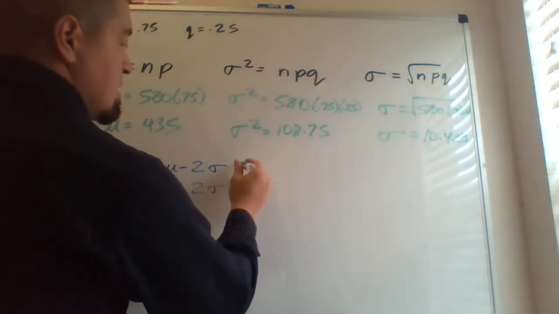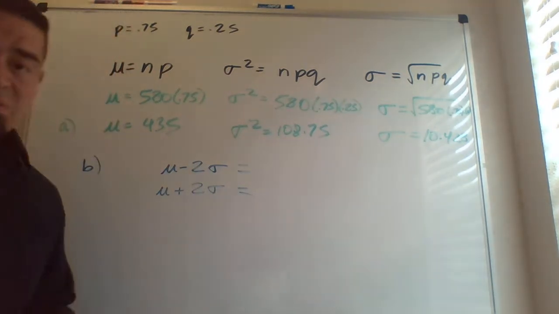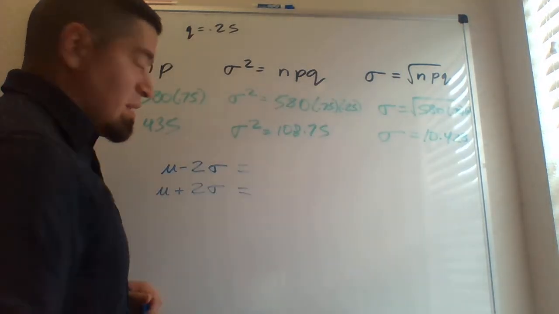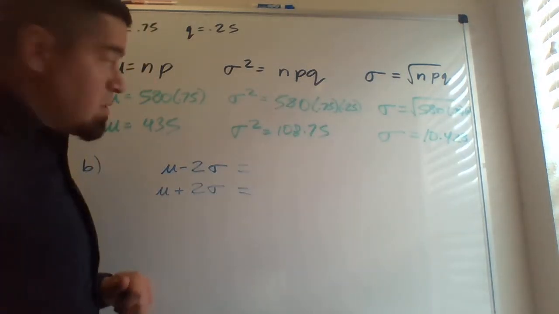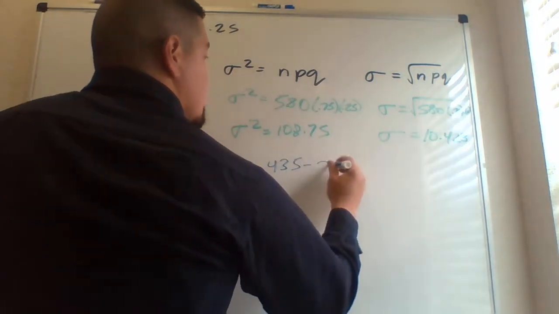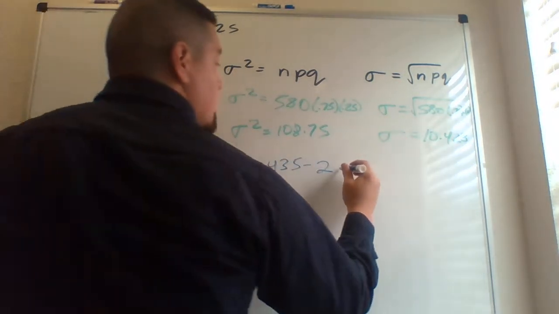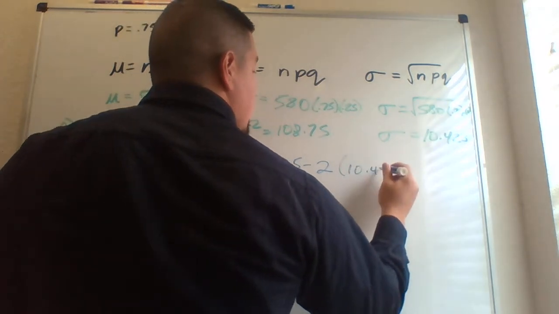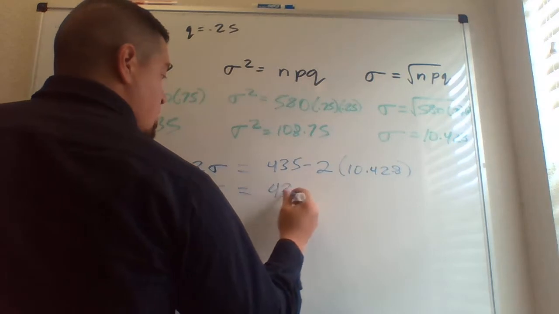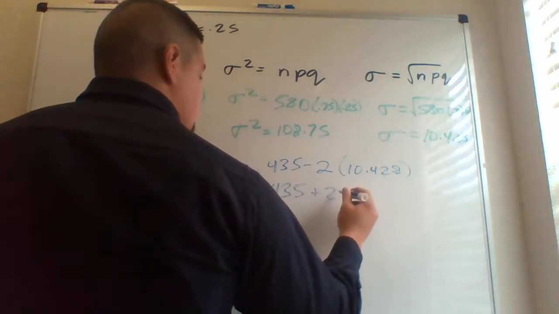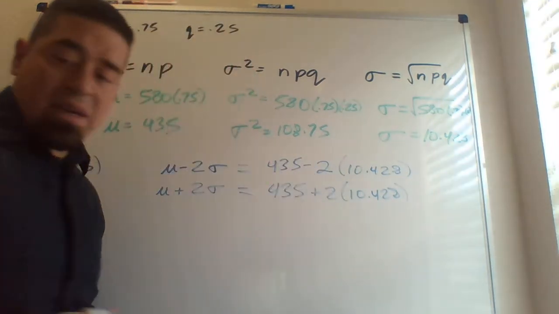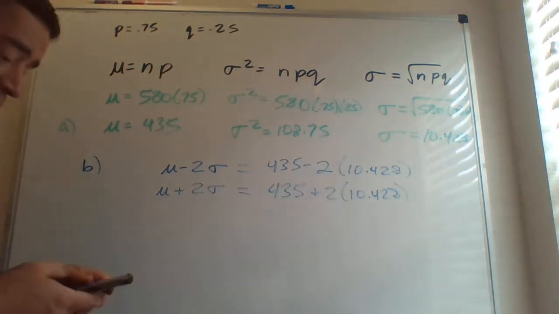Anything outside of these calculations would be significant, and anything within would be not significant. So let's go ahead and do these. With the mean of 435, minus 2 times our standard deviation of 10.428, we're going to find that, and then we're also going to do 435 plus 2 times 10.428.